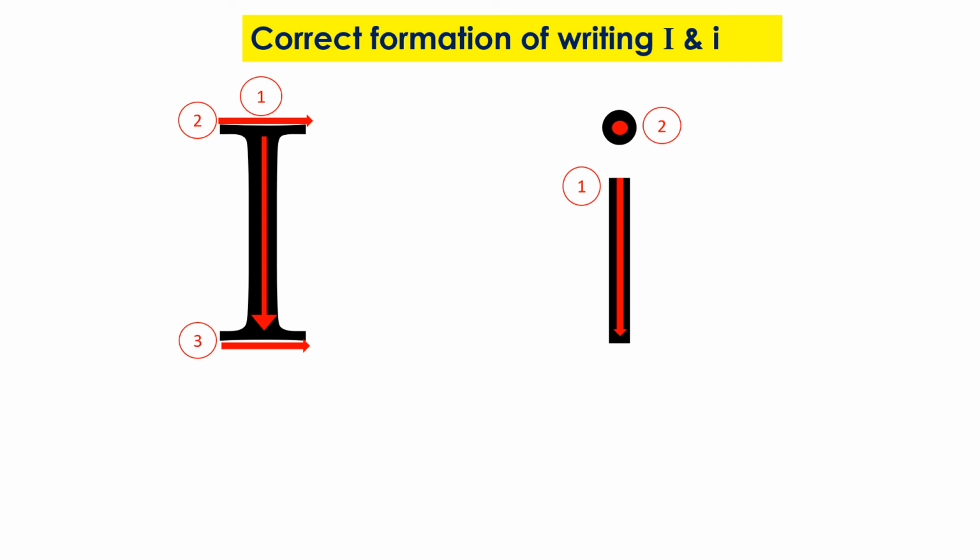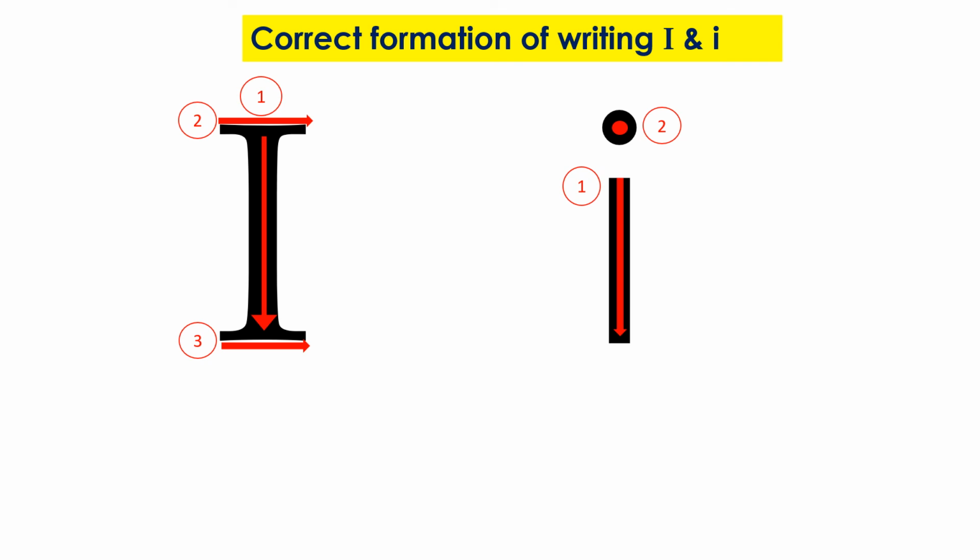Children, remember when you keep this dot, you don't need to color or circle the dot. Just keep it as a dot. I hope you can understand this. By looking at these arrows, you can get an idea.